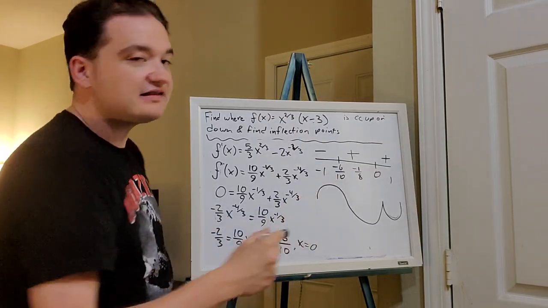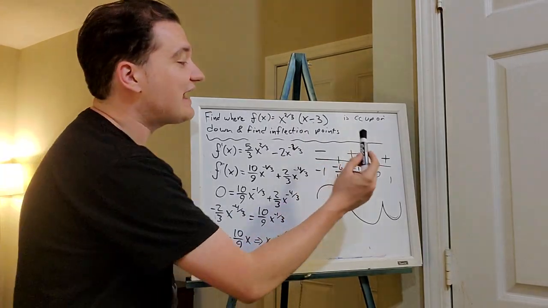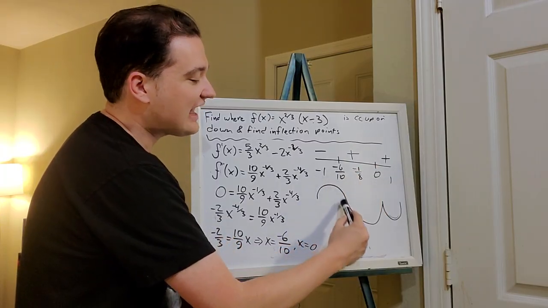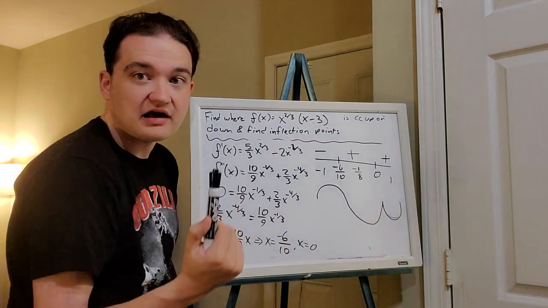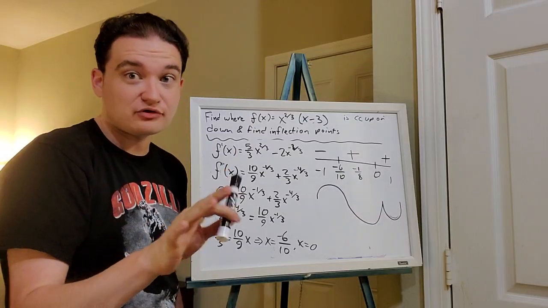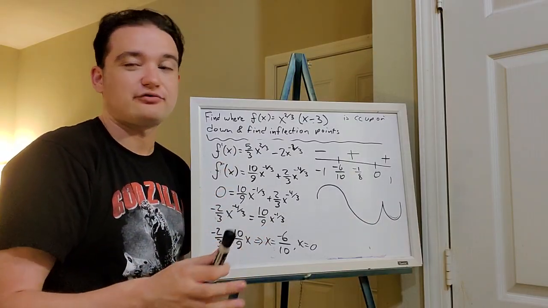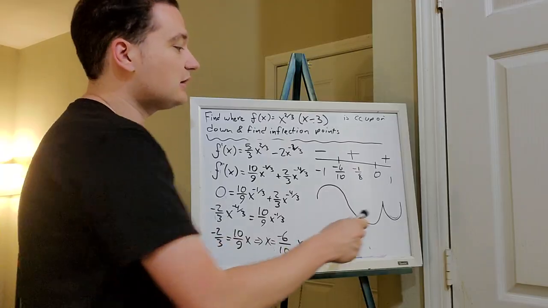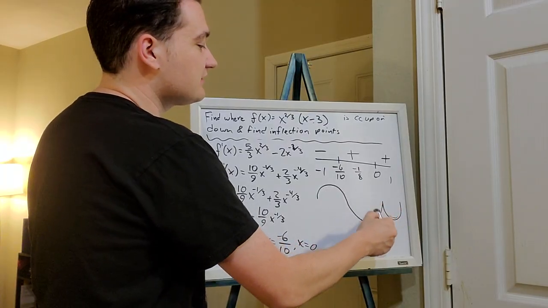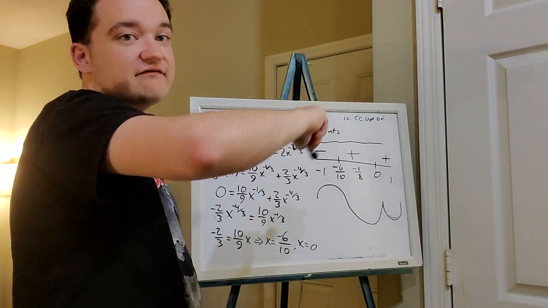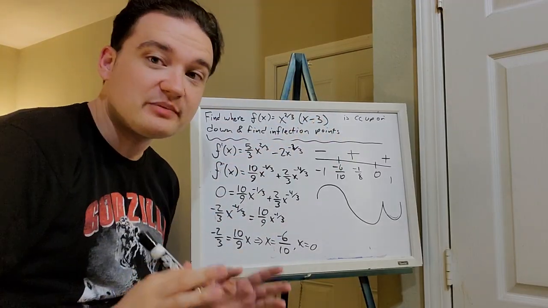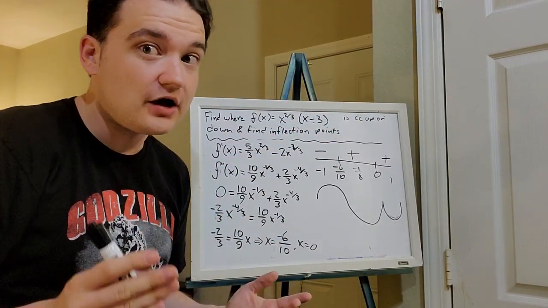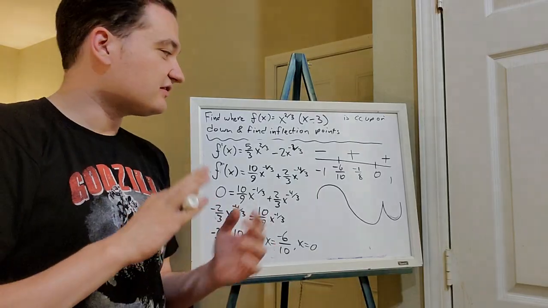So negative 6/10 is the only inflection point, and it's at 0 where we have that cusp. And this makes a lot more sense than the other way I had it written up. Because this cusp where it's concave up can be a local maximum, which we know 0 is.